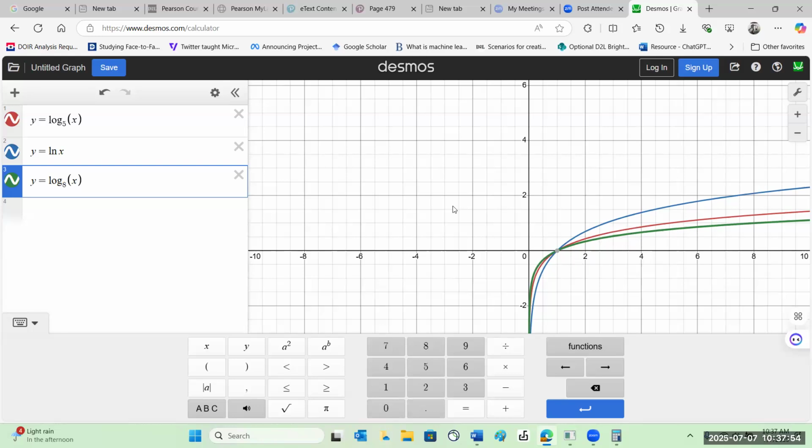So the red one is base 5, the green one's base 8. If I had a base 20, it would be below that one. It'd be down here. Try base 20. So you see how much even further below it goes? So the bigger the base, the further down it goes.